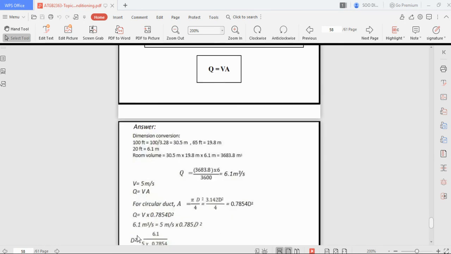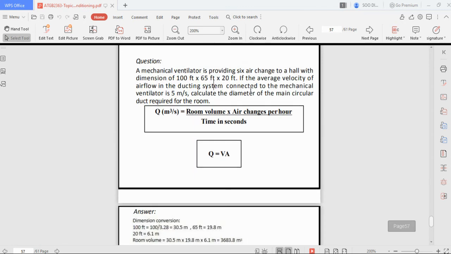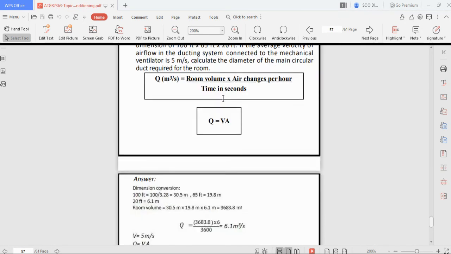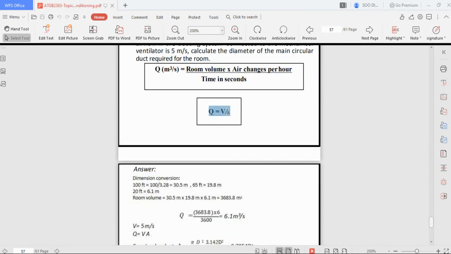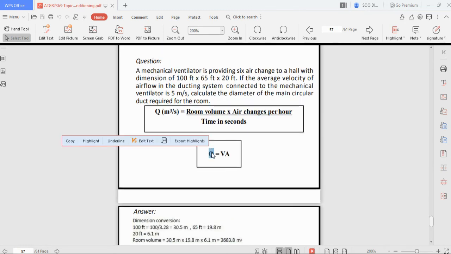So this formula is essentially Q equals to velocity and area. And because the question is asking you to calculate the diameter, you'll be using this Q equals to VA. But to find out Q, you need to use the top formula.